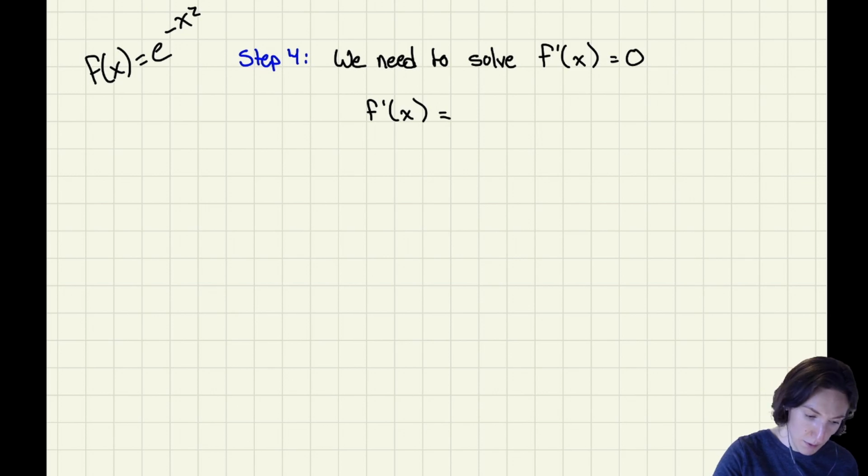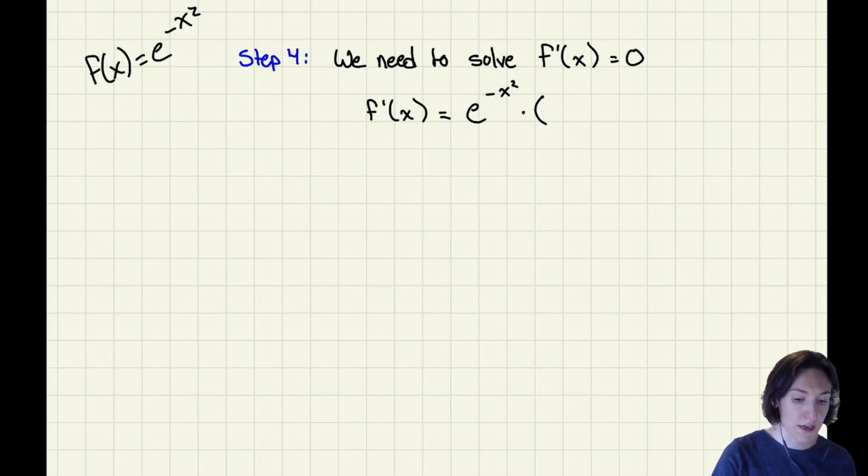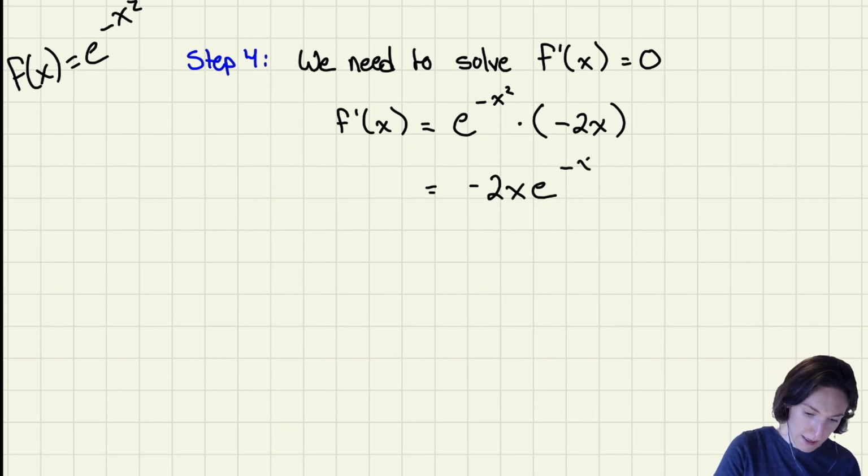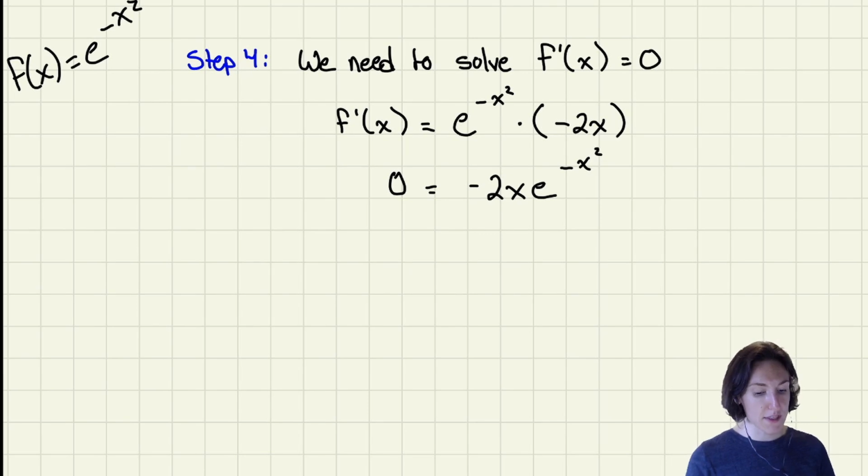You rewrite what you have, e to the power of negative x squared, and then multiply by the derivative of whatever is in the exponent. The derivative of negative x squared is negative 2x. So I put the negative 2x in front, and then I have e to the power of negative x squared, and I want to solve this when f prime is equal to 0.